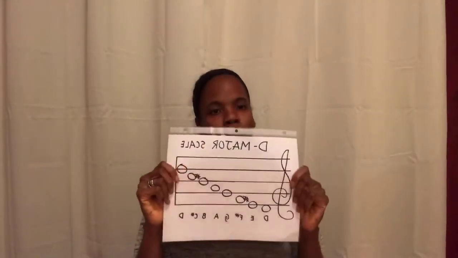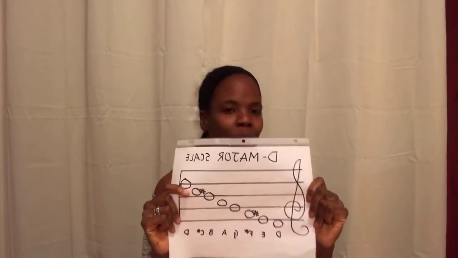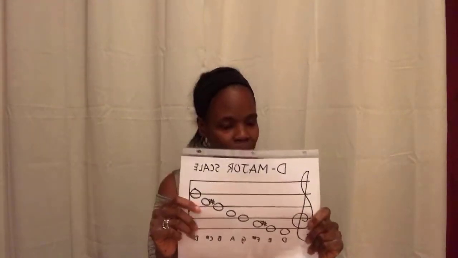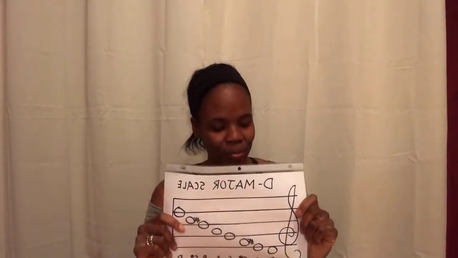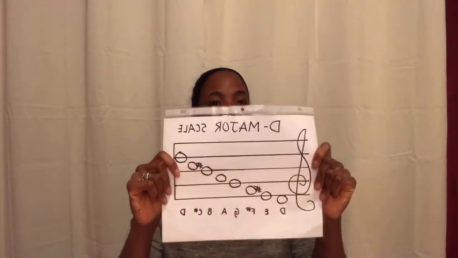But while you're at home, your homework is to write out your D major scale and write out your A major scale, a little tricky, on your staff. It's okay if you don't know how to draw the clef yet. We'll work on that in another video, or work on that in class. I want you to write it out just like you see here.